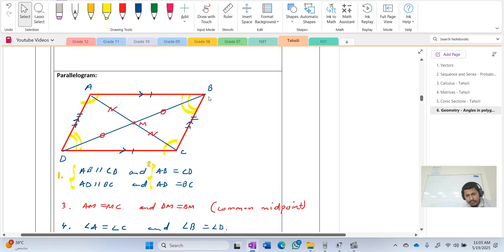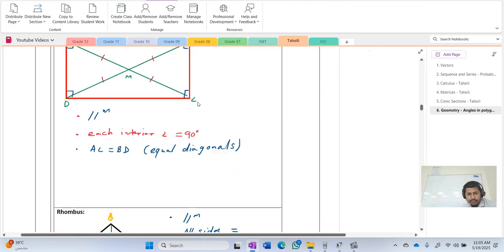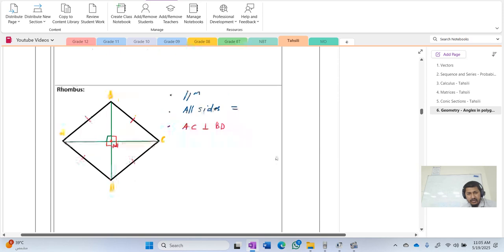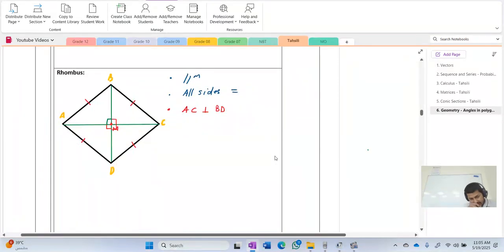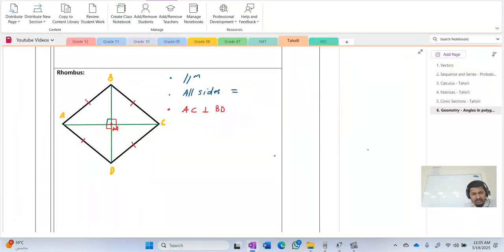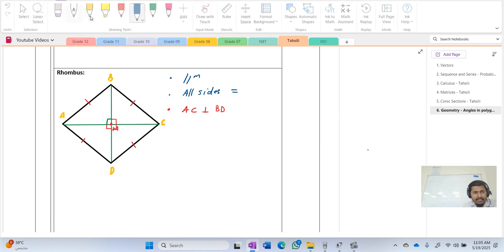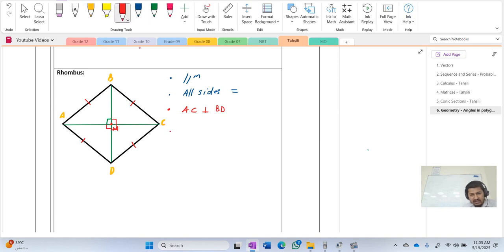One more important property of a rhombus is that since these triangles are congruent, we can say that diagonals bisect the vertex angles. That means that those two angles are the same, right?